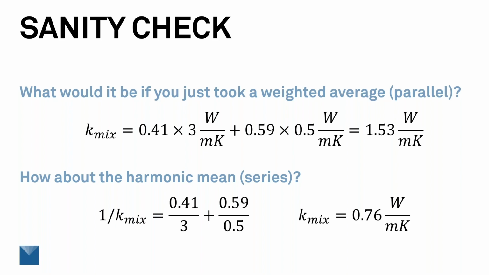Now, if we had the soil and the rock in series, we could do that calculation too. That's shown on the bottom, and we'd get a value of 0.76. We'd expect the parallel one to be higher than the actual soil, the series one to be lower, and that's exactly how they come out. And so we can conclude that the 1.15 that we got is a reasonable value.